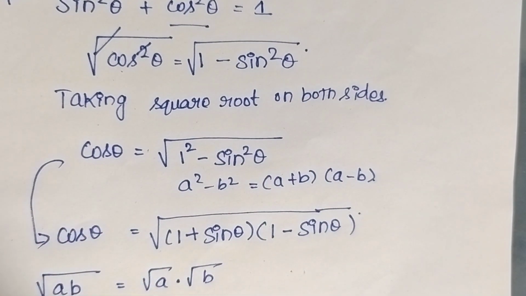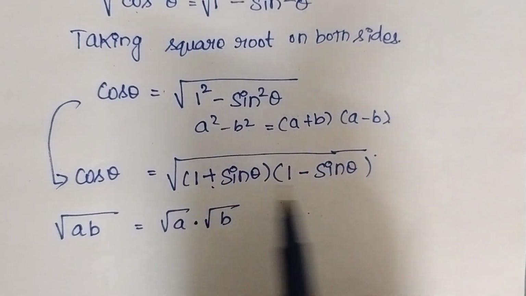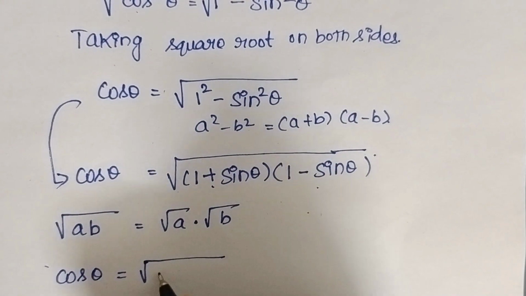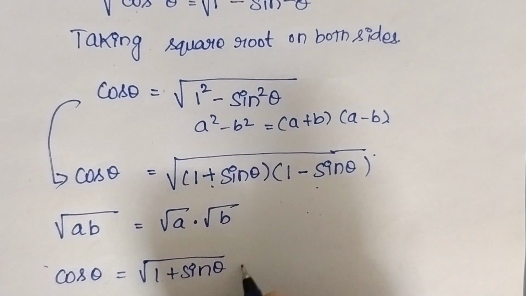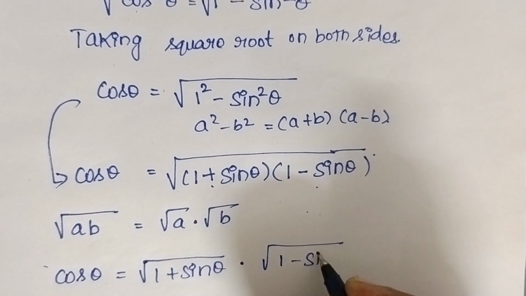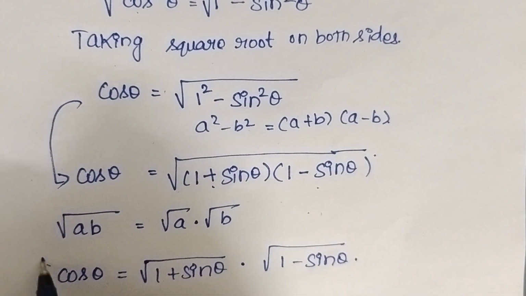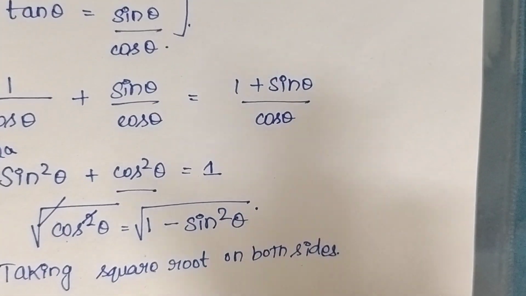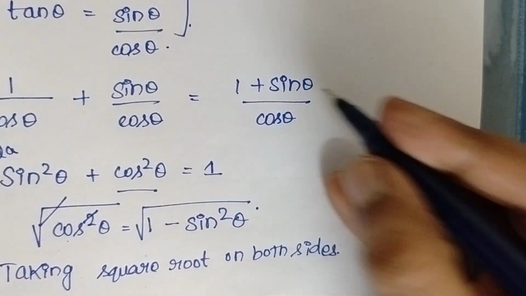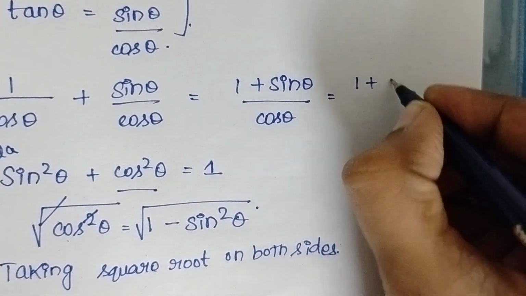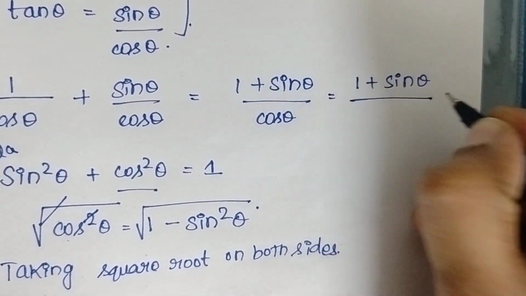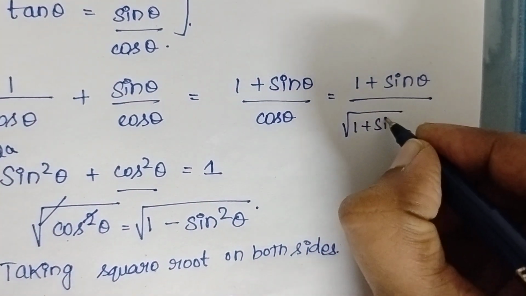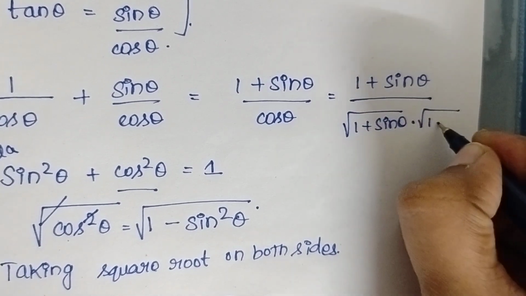Applying this, cos theta is equal to root of 1 plus sin theta into root of 1 minus sin theta. Now I am going to apply this value in the place of cos theta, which gives 1 plus sin theta divided by root of 1 plus sin theta into root of 1 minus sin theta.